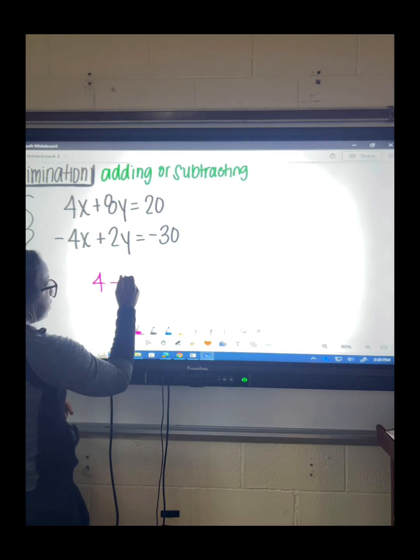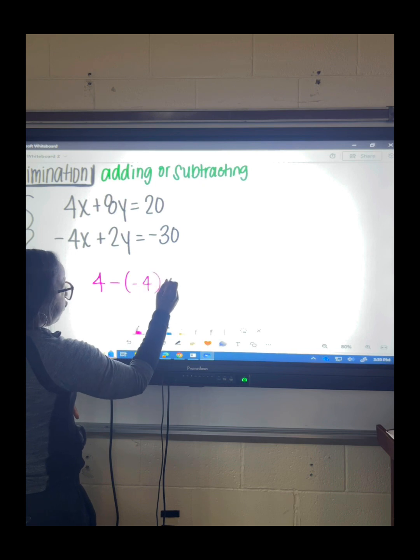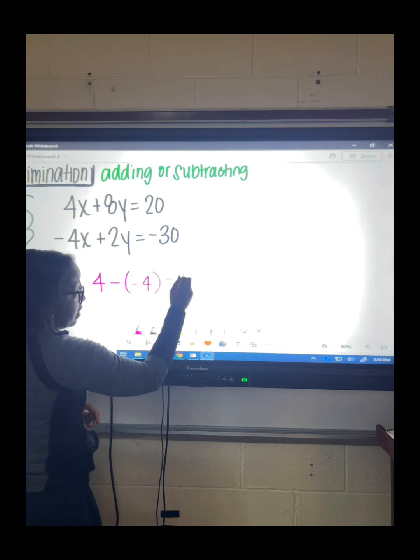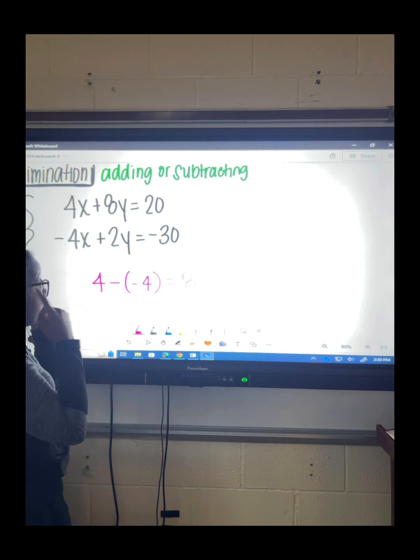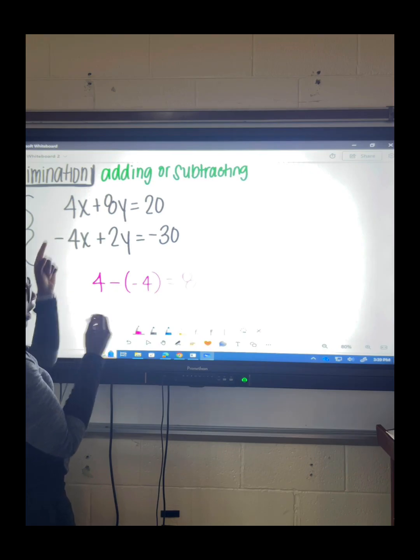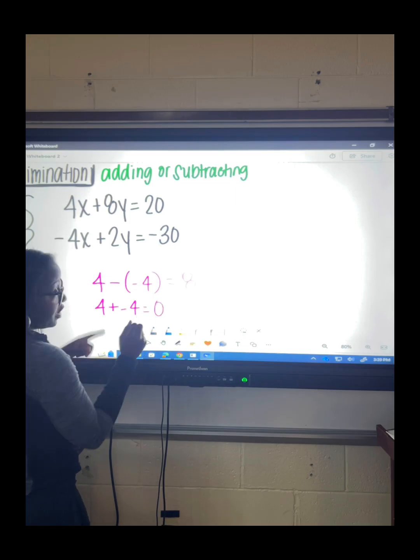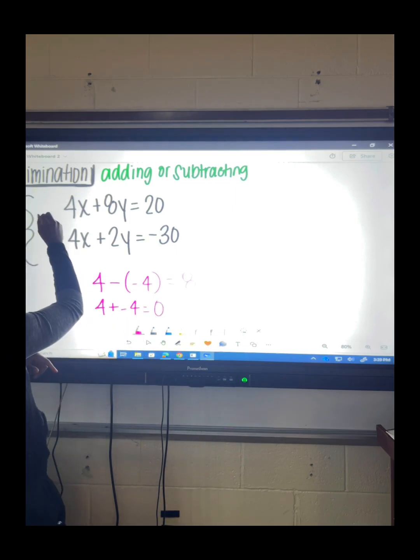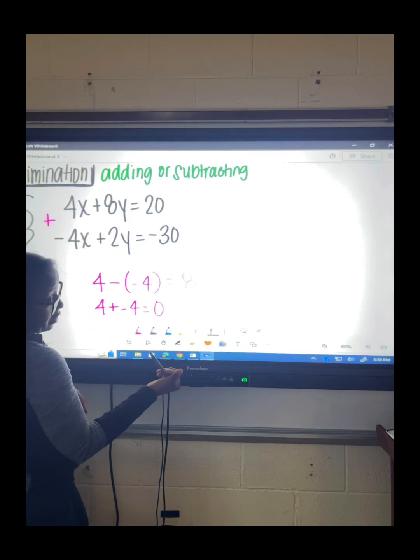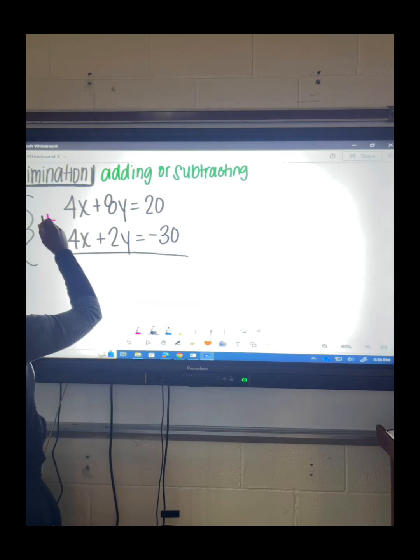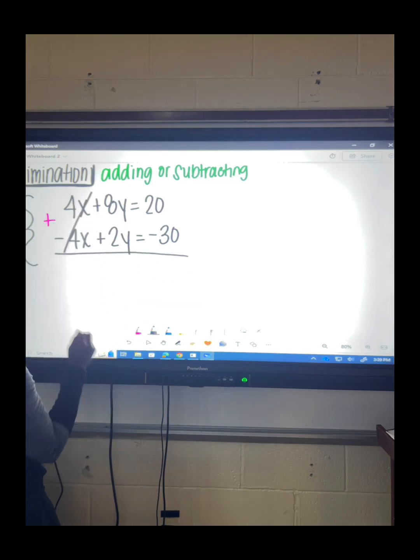So if I want to cancel out 4 and -4, if I say 4 minus -4, 4 minus -4 gives me 8. So that's how I know I'm not going to subtract right here. But if I say 4 plus -4, that will give me 0. So I want to add these two equations together. Okay? So when I say 4 plus -4, that cancels, right?